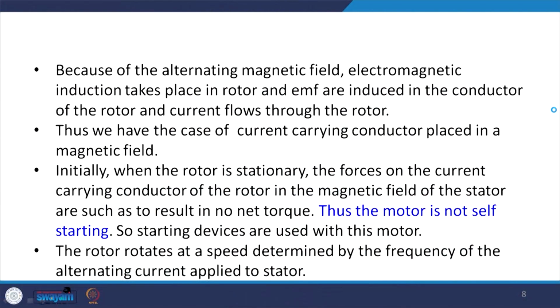When alternating current passes through the stator winding, an alternating magnetic field is produced, and because of this, electromagnetic induction takes place in the rotor and an EMF is induced in the conductors of the rotor and current flows through the rotor. Thus, we have the case of a current carrying conductor placed in a magnetic field. This is how it is done.